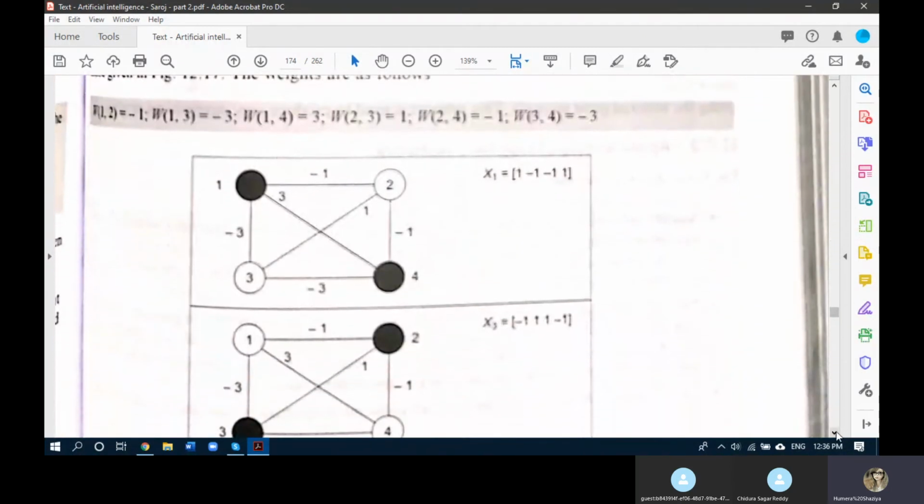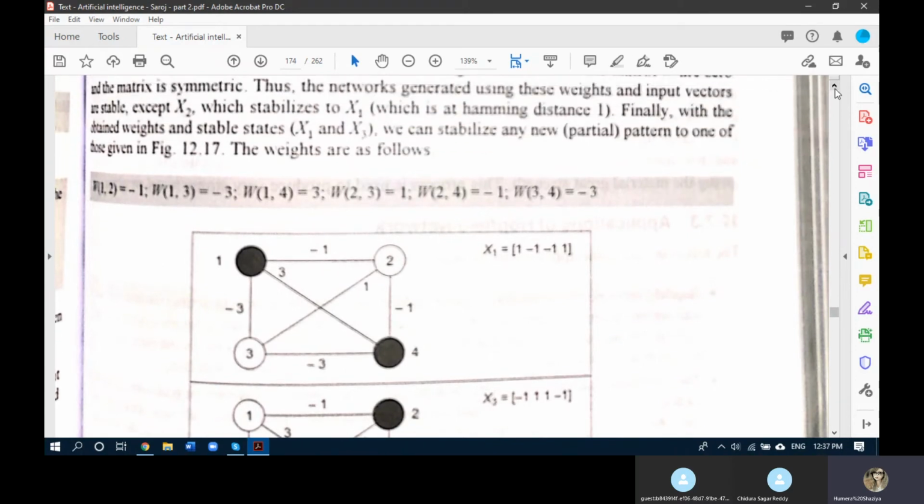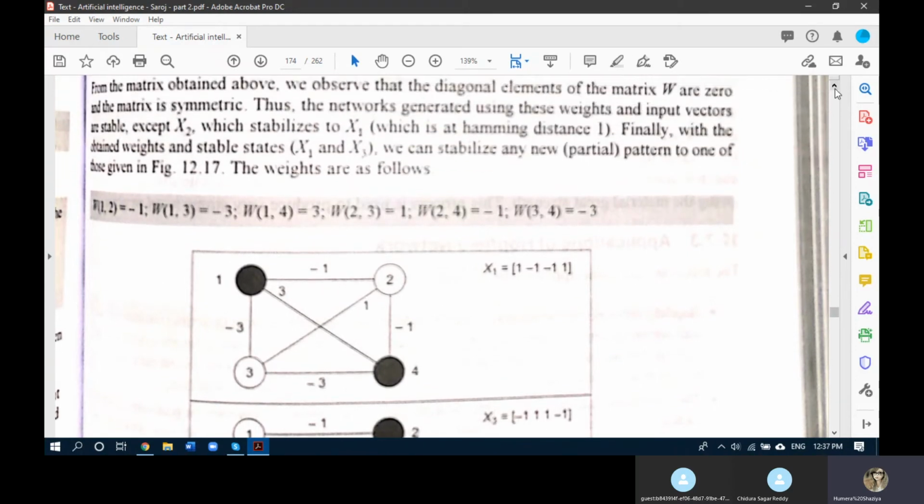In this, x1 to x2 means unit 1 to unit 2. If you put out these elements, the matrix of weights between them, you get this.